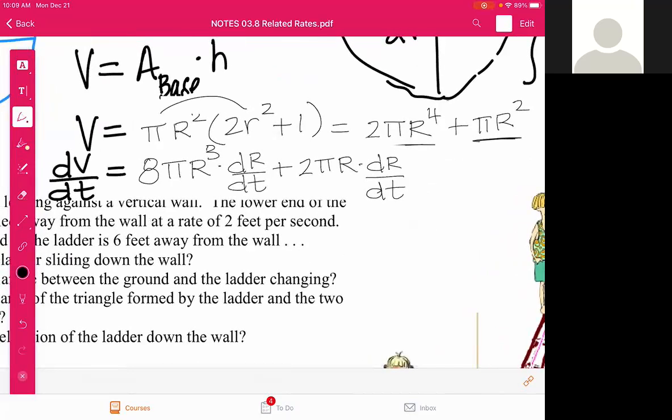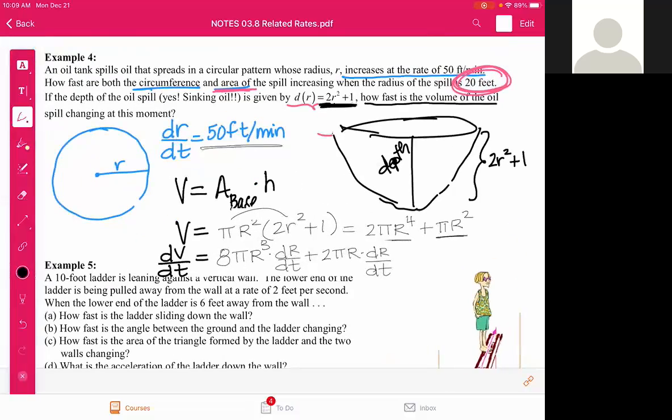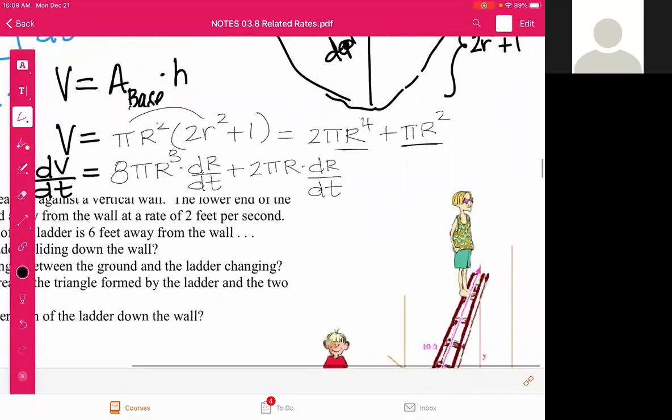Now you're going to plug in everything that you know. We know dr/dt is this 50. I know that r is 20 right here. So we're going to plug all that in and get an answer.